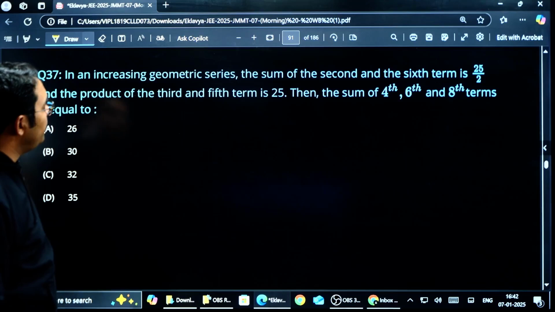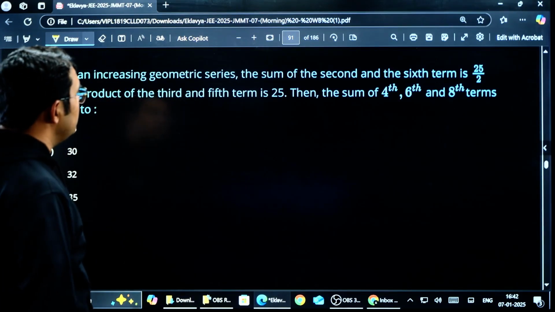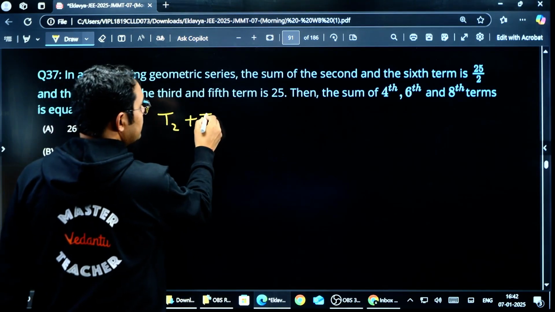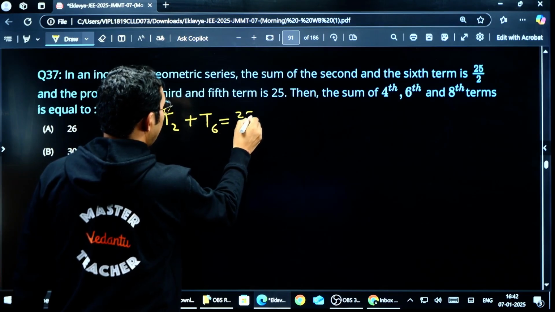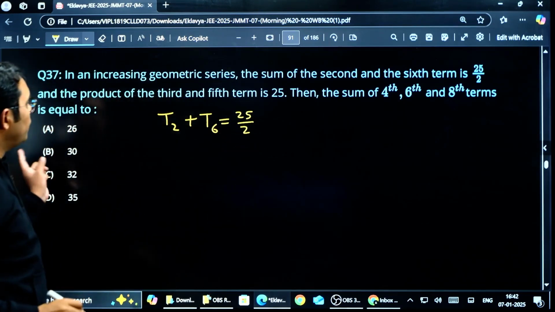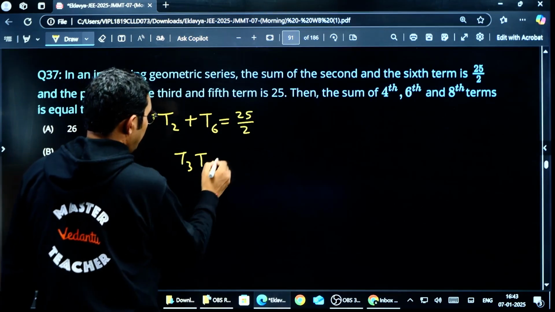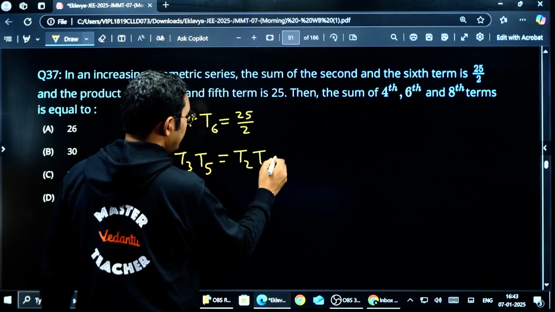In an increasing GP, the sum of second and sixth term is 25 by 2. Okay, so second and sixth term, sum is equal to 25 by 2. Okay, and the product of third and fifth, in fact, product of third and fifth and product of second and sixth are same.